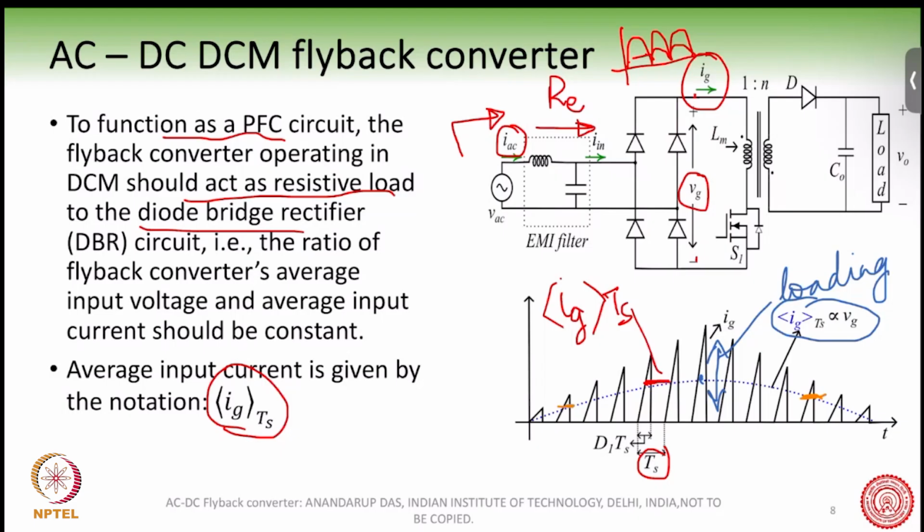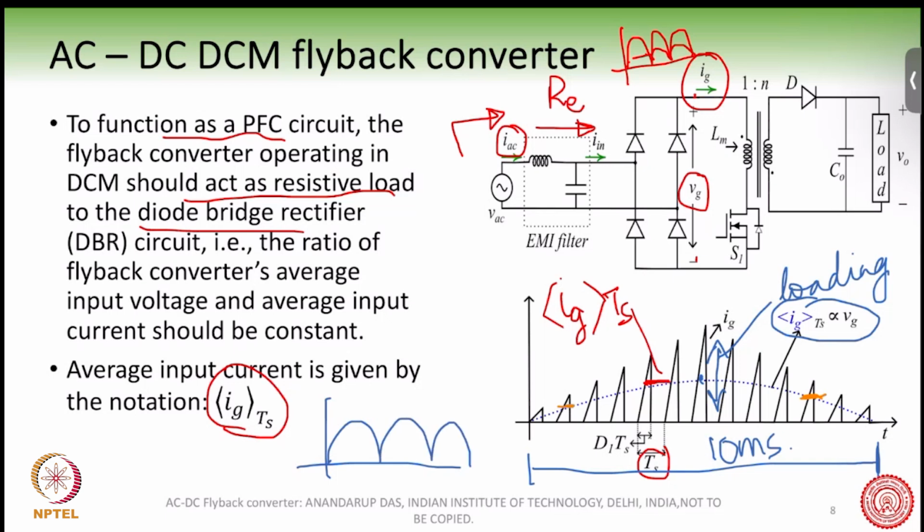Okay, at the same time, in each half switching period, this period is the AC cycle. So this is the AC cycle, and this half will be 10 millisecond because remember our VG voltage is something like this. And this is 10 millisecond if I am taking a 50 hertz input grid signal, and 50 hertz means the full cycle is 20 millisecond.